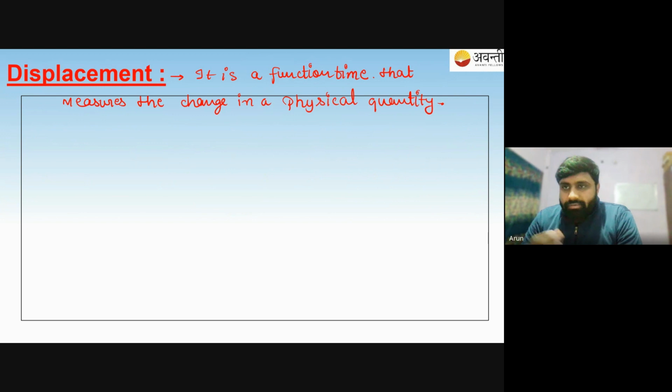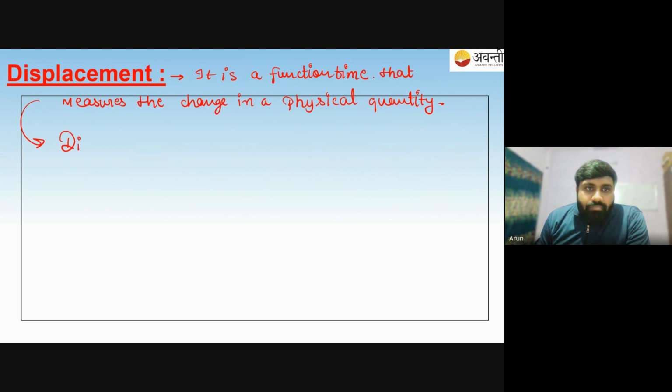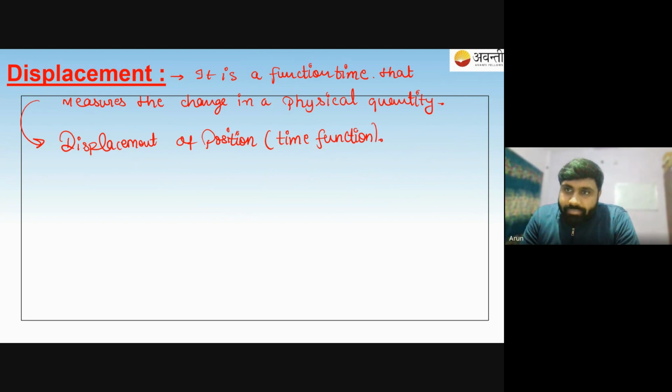So the displacement that you have learned so far in your ninth, 10th, and 11th also, that is the displacement of position. Position is a time function, because when we talk about the displacement, the minimum distance, we are changing the position of that particular object with respect to time.